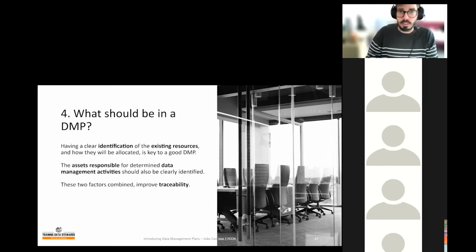These, let's call them technical resources, must be identified. The same goes for our human assets. People responsible for data management activities should also be identified and associated with said activity. This enables us to have traceability over the whole process, so we can correctly identify who was responsible for what and what was used to perform a given activity.